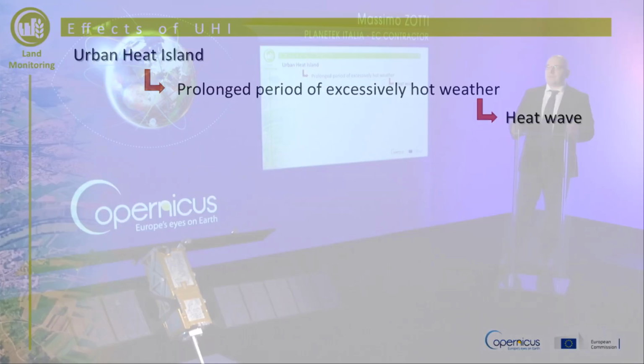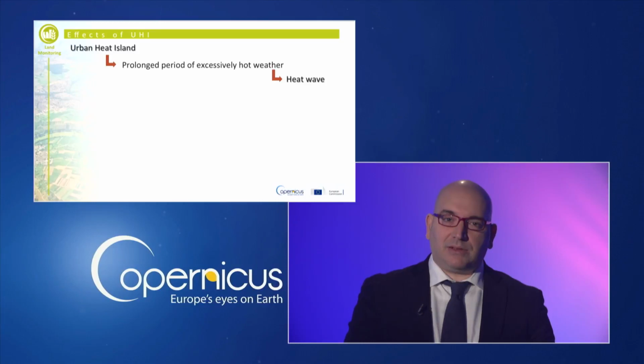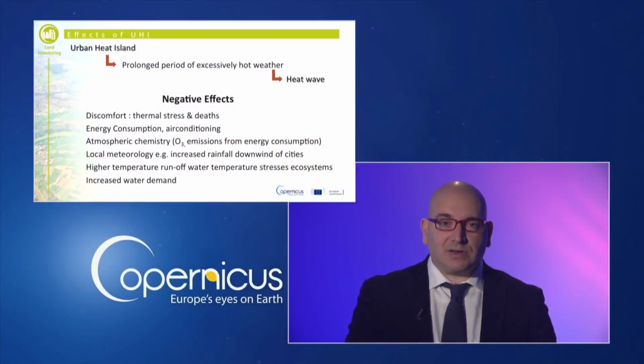The urban heat island effect, under certain weather conditions, can cause prolonged periods of excessively hot conditions, a so-called heat wave. Urban heat island is responsible for various negative effects on cities, and these effects become even stronger and more dangerous during heat waves.